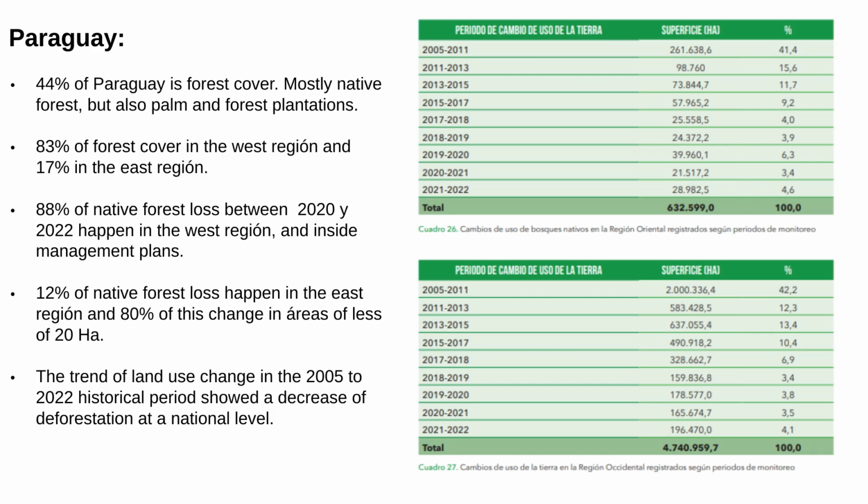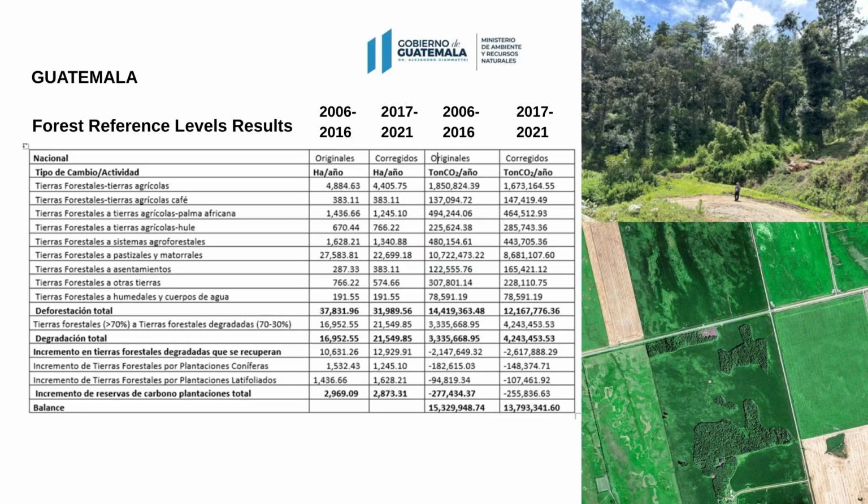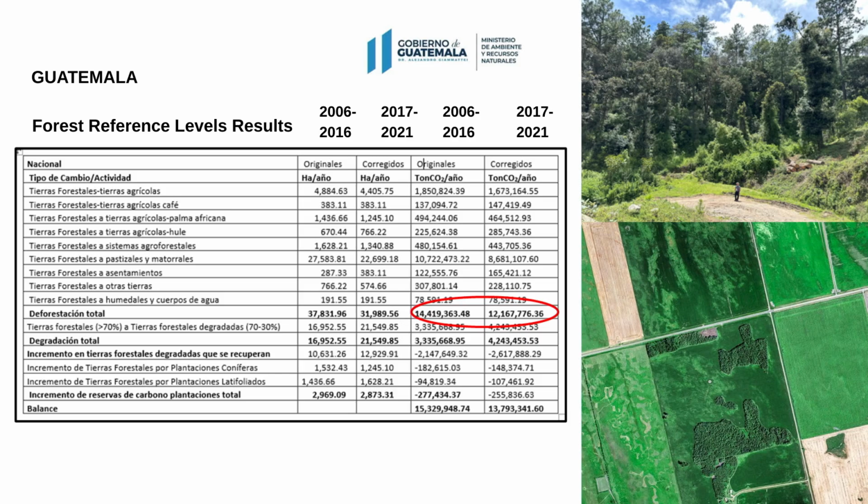So the trend, in conclusion, is that they were able, between 2005 and 2022, to decrease deforestation at a national level. And I explained this yesterday for Guatemala. They have two submissions of forest reference levels, one for 2006 to 2016, and the other one from 2017 to 2021.